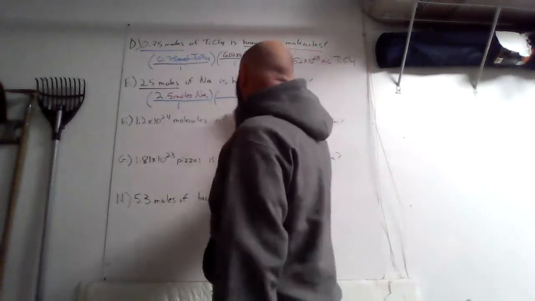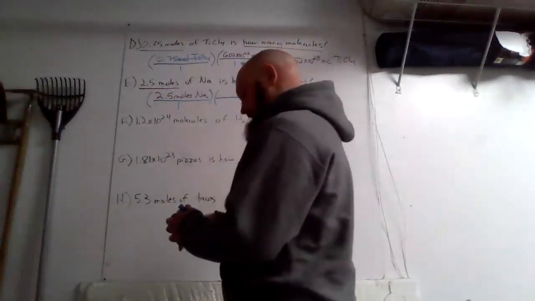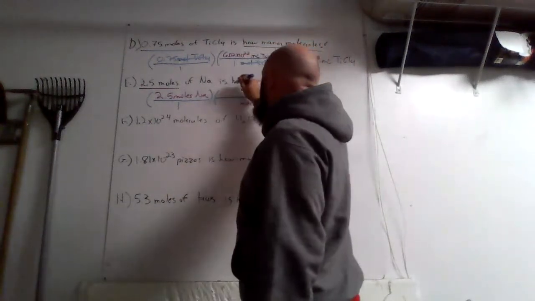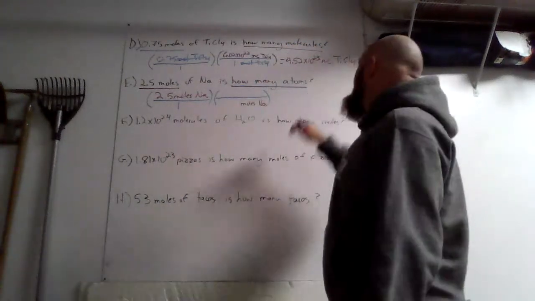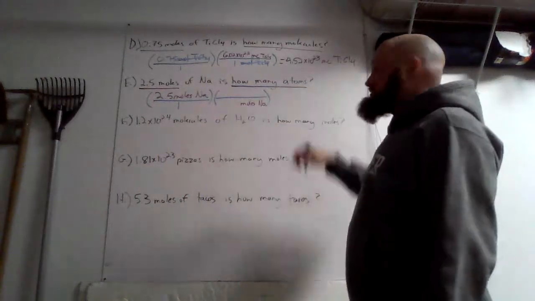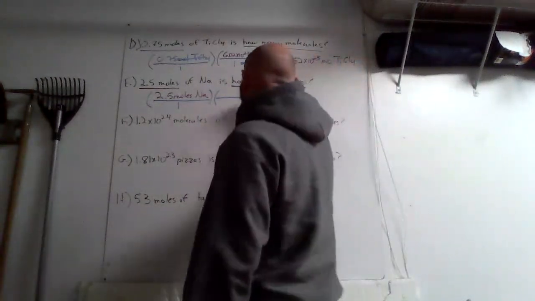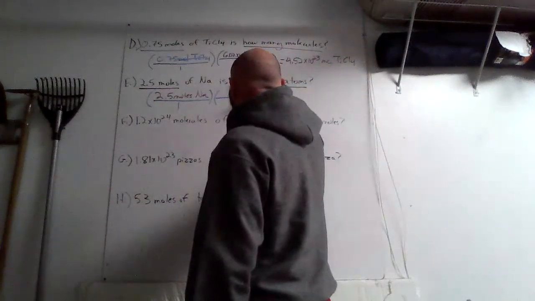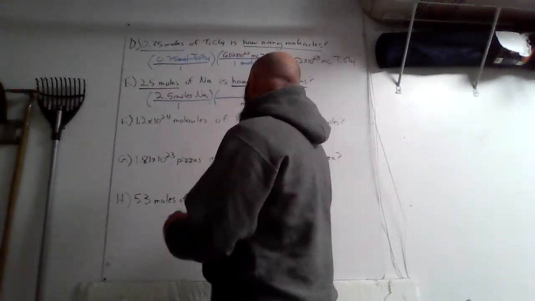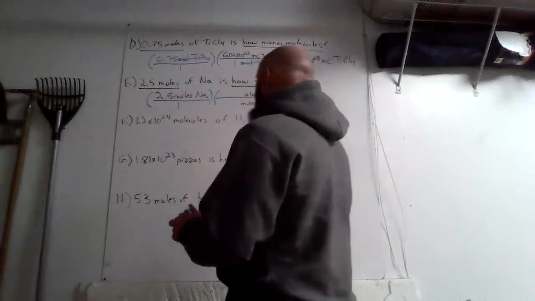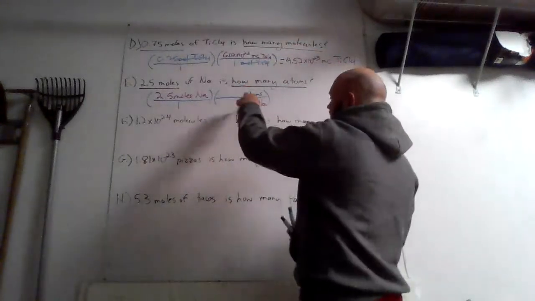So we have moles of sodium, and the question is asking me how many atoms. For the unit, I know I've been writing out molecules, but if you just wrote atoms as your unit, that would be fine. So I'm going to say atoms. Same thing as we've been doing. The only thing that changes is whether I'm putting moles on the top or the bottom, and atoms or molecules on the top or bottom.